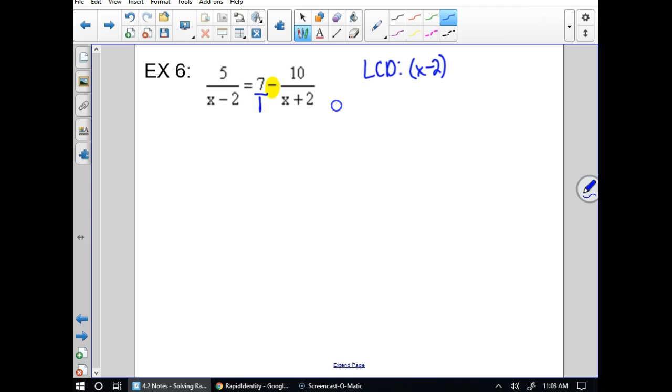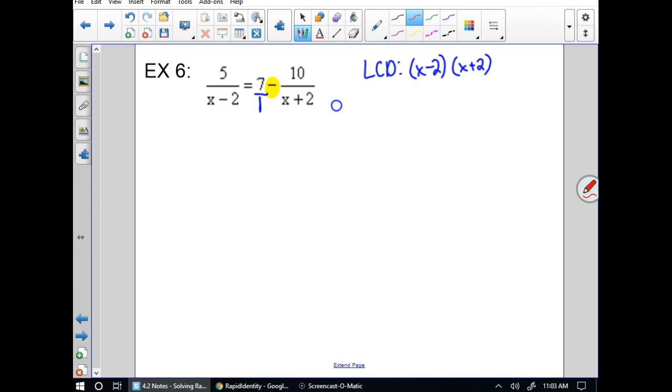And the 1 we don't really have to write, because if you multiply anything by 1, it's just itself, right? And then the x plus 2. Okay. So any questions on getting that least common denominator?